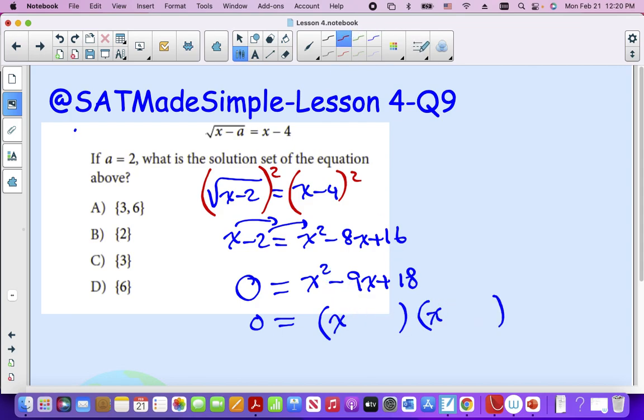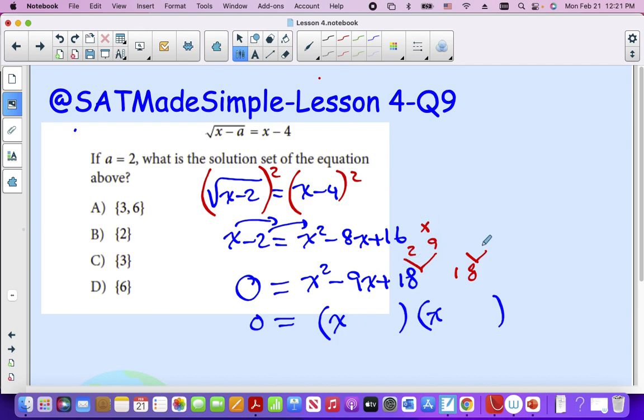I need two numbers that, when I multiply them together, give me 18, and when I add them, give me minus 9. If I take 9 and 2, 9 times 2 is 18, but 9 plus 2 will not give me 9. Actually, they're going to be negative. So minus 9 minus 2 is minus 11, so it cannot be.